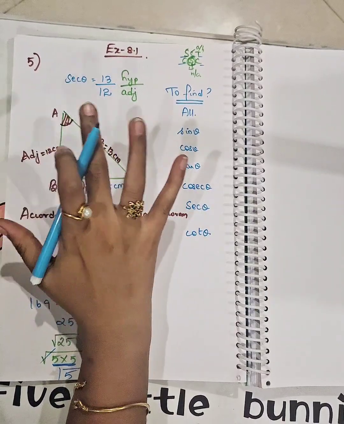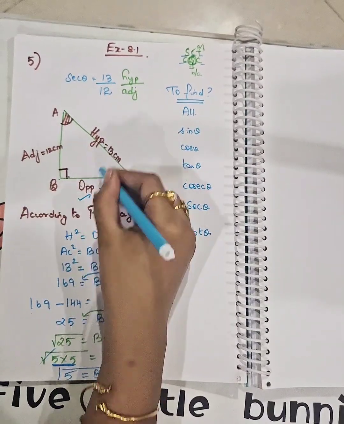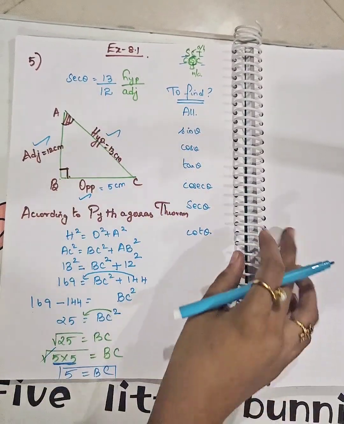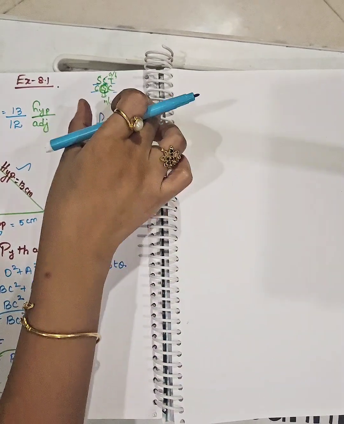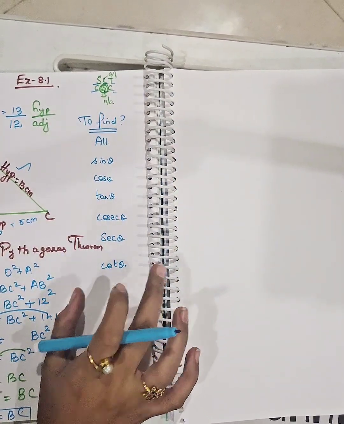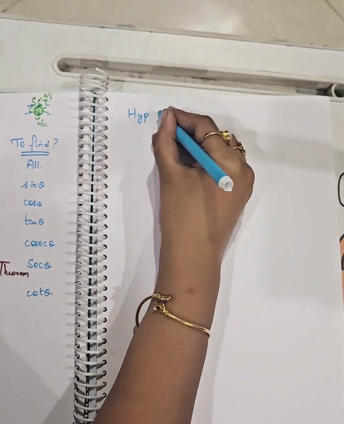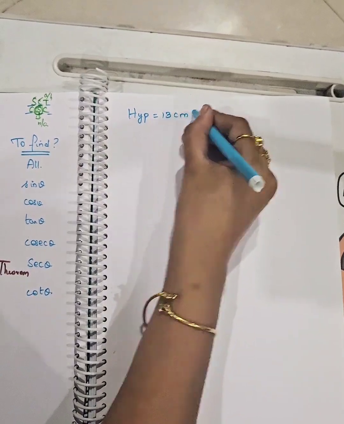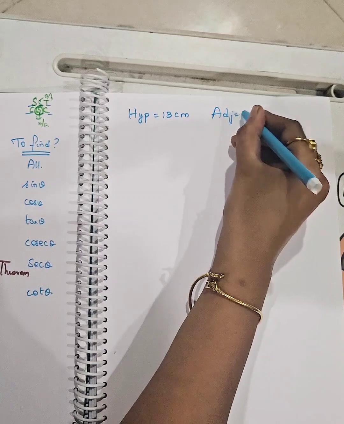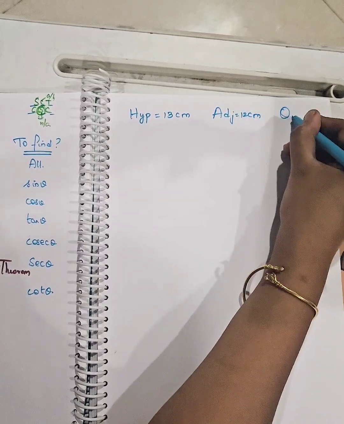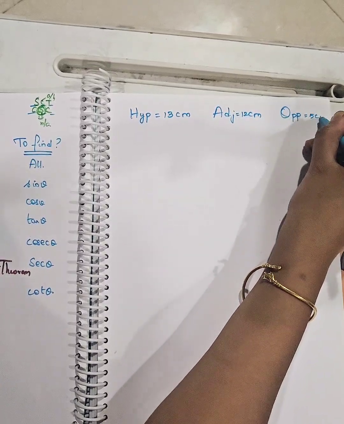So now we have found all the three sides: opposite, hypotenuse, adjacent. So what should we find? All trigonometric ratios. So hypotenuse side is 13 centimeter, adjacent side is 12 centimeter, opposite side is 5 centimeter.